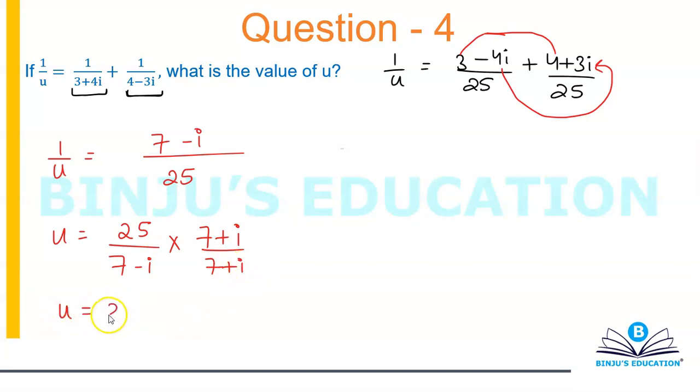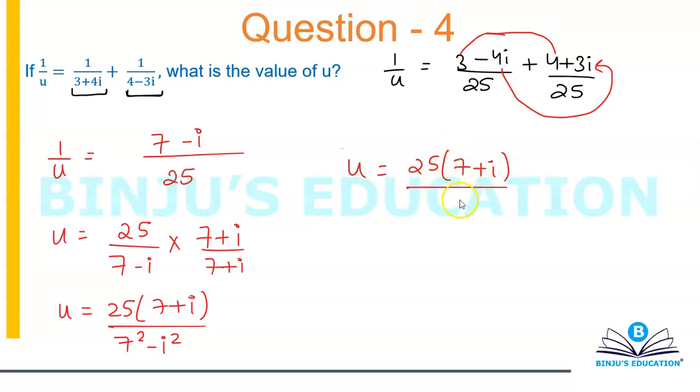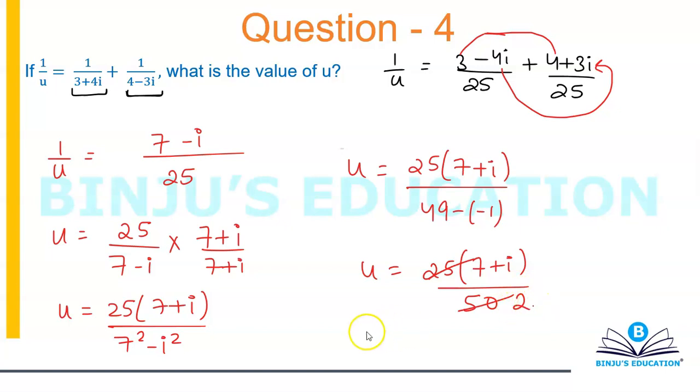So u will become 25 into 7 plus iota, and in the denominator you will have 7 square minus iota square. So u will become 25 into 7 plus iota divided by 49 minus of minus 1. So u is equal to 25 into 7 plus iota divided by 50. Here it will become 2, and u will simply become 7 plus iota divided by 2.